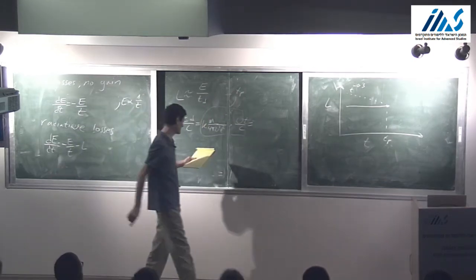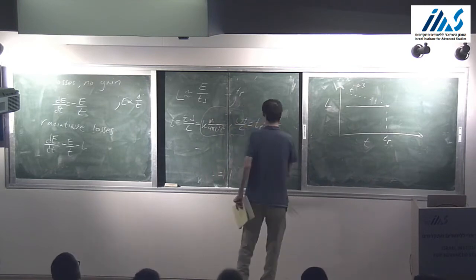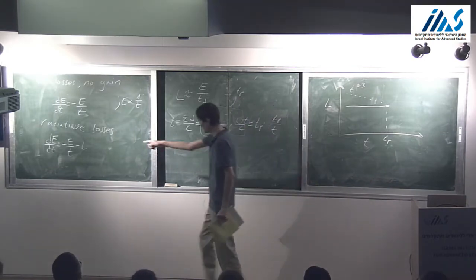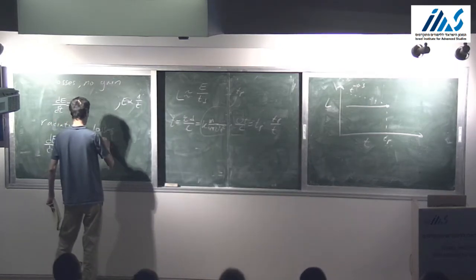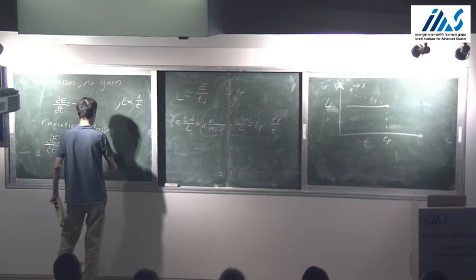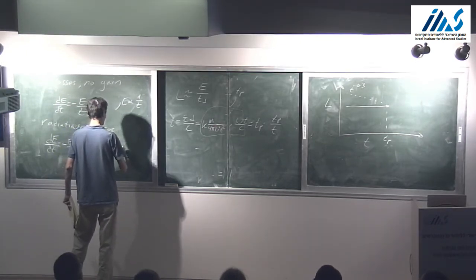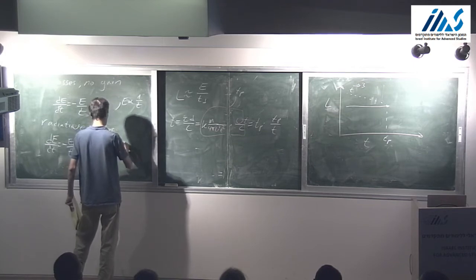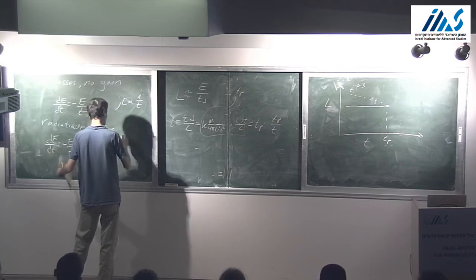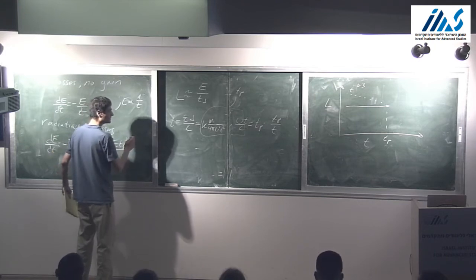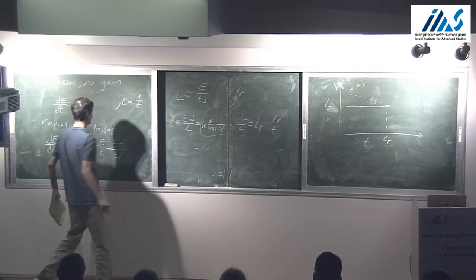So what we have here basically is t peak squared divided by t. So I can rewrite this equation. It's roughly minus E divided by t minus E times t divided by t peak squared.